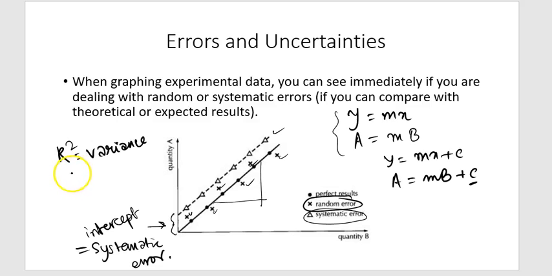Display R square value is shown on the Excel sheet. You can choose that option and it'll show you the R square value. So R square almost equal to 1 implies very low random error, and that means your results are very precise.